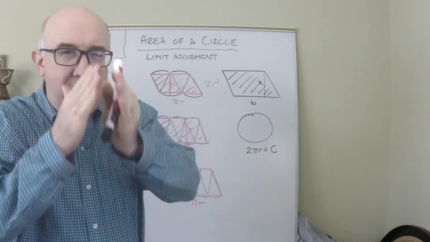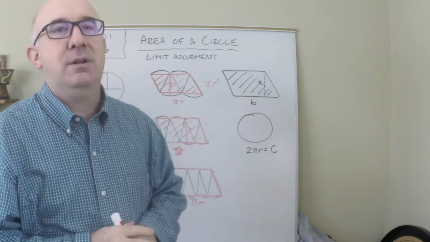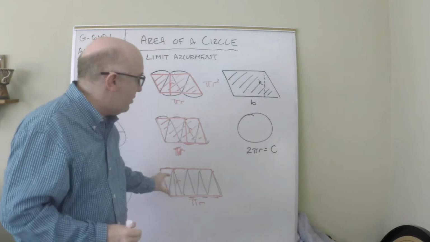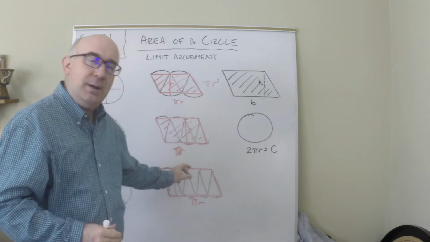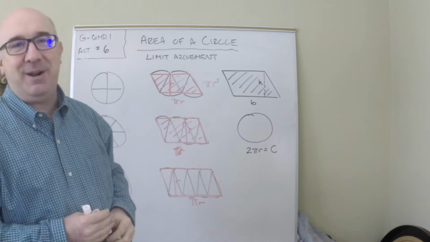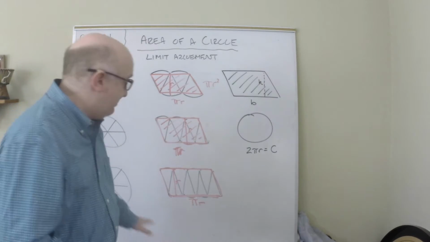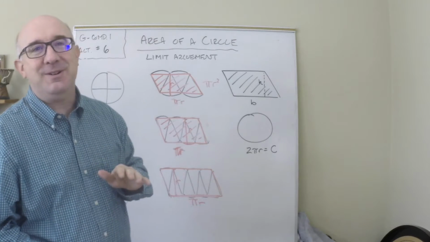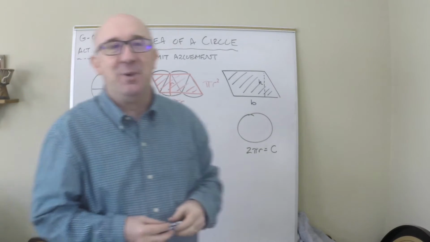What happens if those pie pieces, those sectors, were cut 100 times? Then it would approximate that parallelogram with a base of pi r and a height of r. In other words, pi r squared.